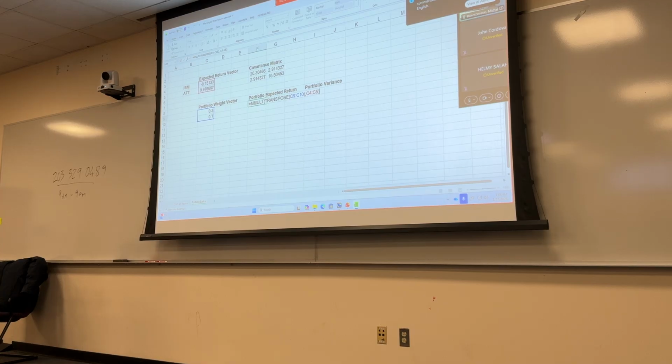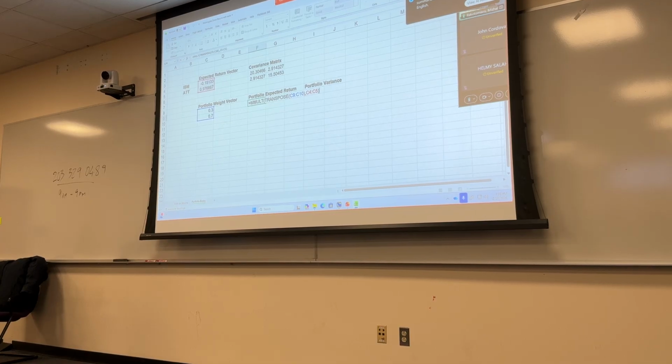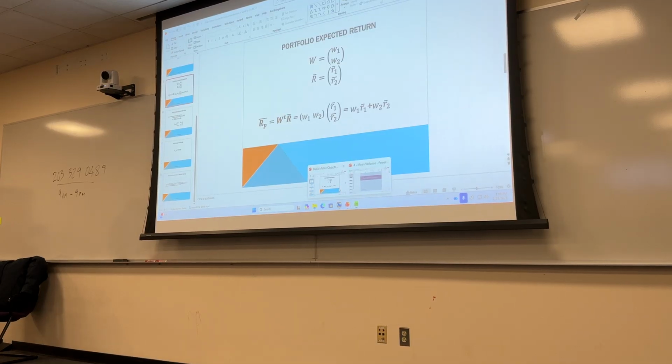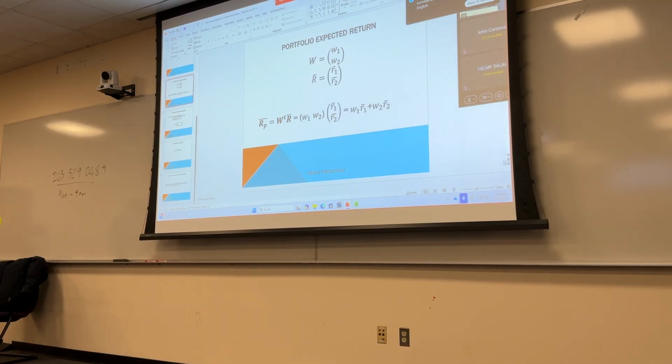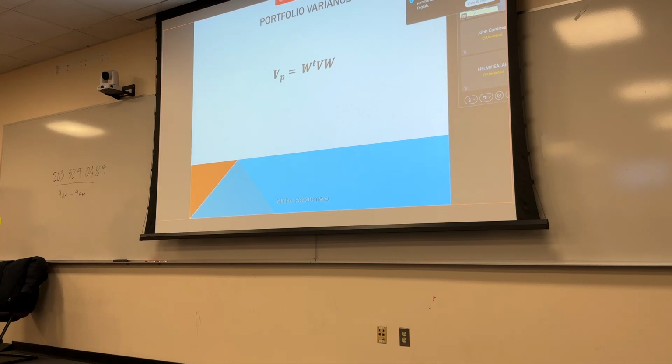Okay. All right. So the next statistic we're gonna estimate for this portfolio, right, is the variance. And for the variance of the portfolio, we have this nice matrix formula.